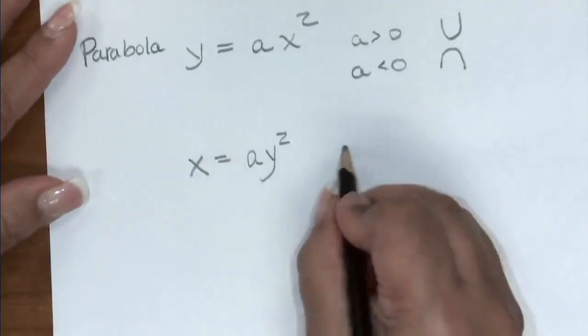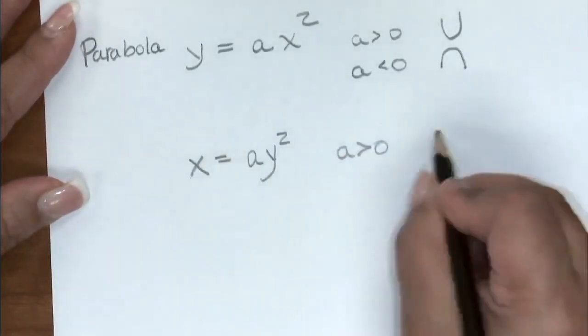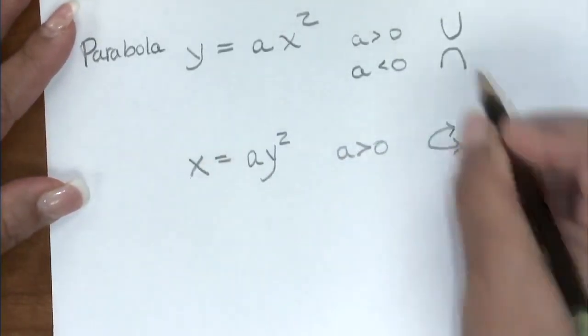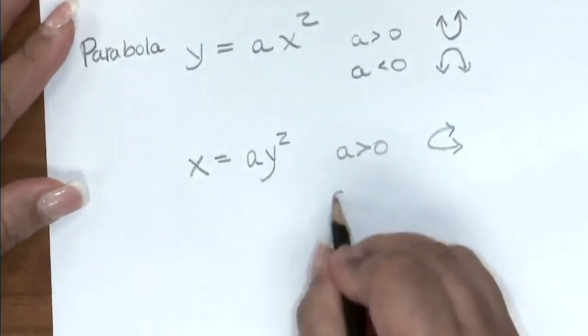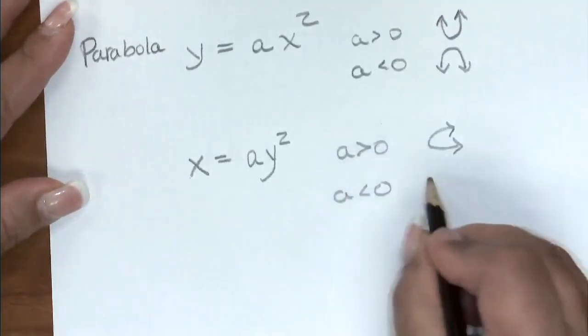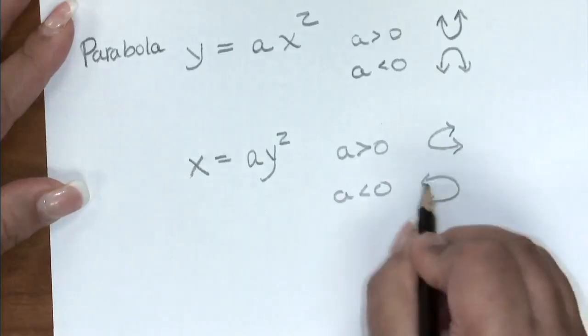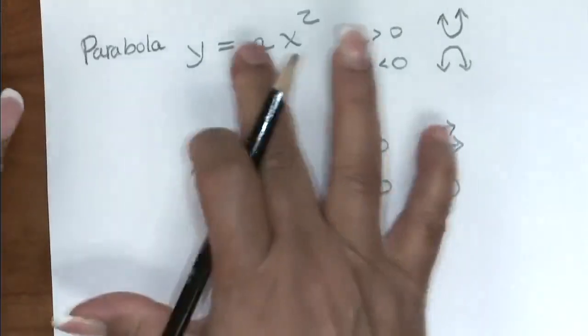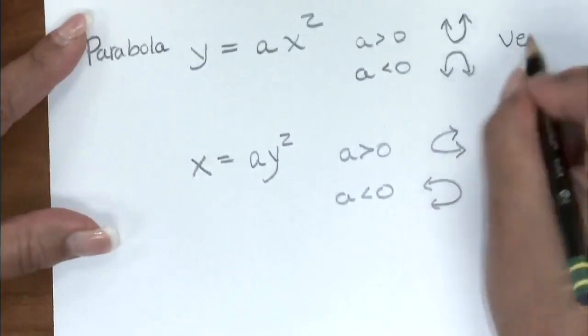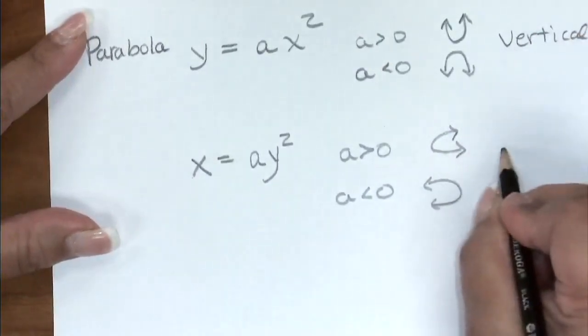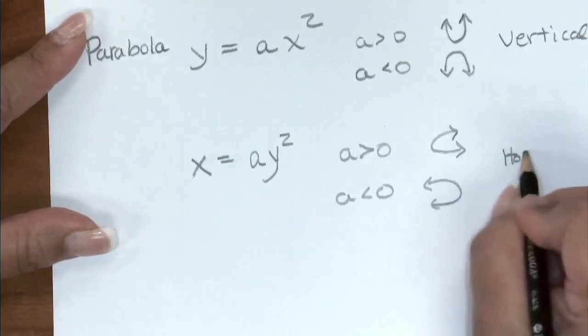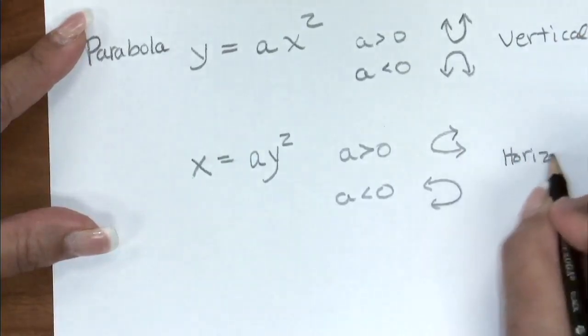So when the A is positive, it'll open sideways and towards the positive numbers. And when the A is negative, it'll open to the left towards the negative numbers. So these are the vertical parabolas, either up or down, not both. And they're the horizontal parabolas, either to the right or to the left.